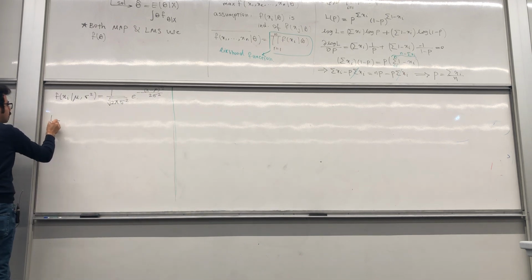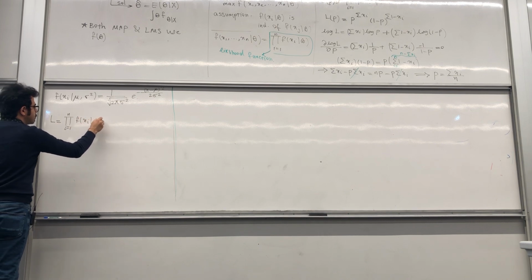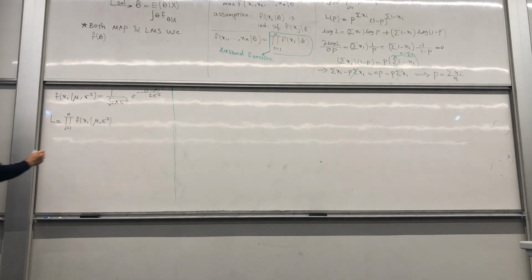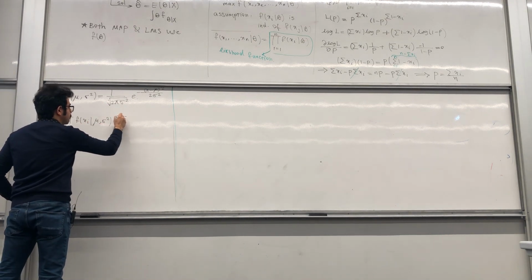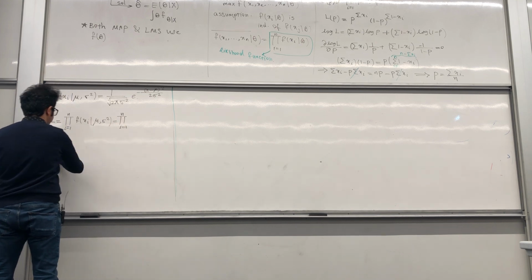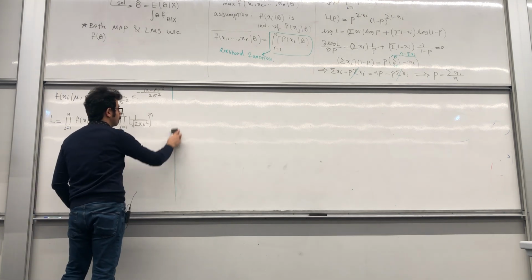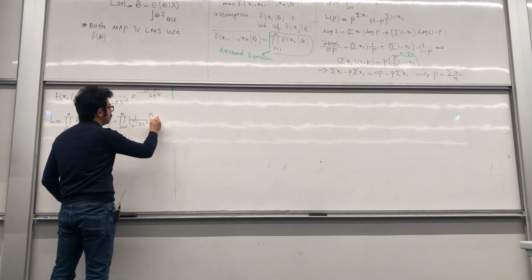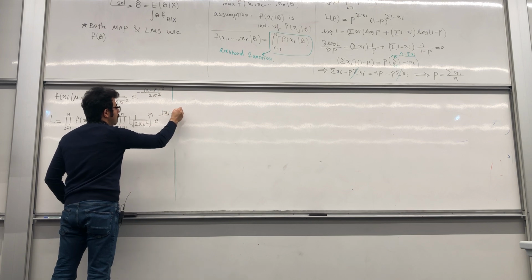For the likelihood function, I have the multiplication of f of xi conditioned on mu and sigma squared, for i from 1 to n: 1 over root of 2 pi sigma squared to the power of n, times e to the power of minus (xi minus mu) to the power of 2 over 2 sigma squared.